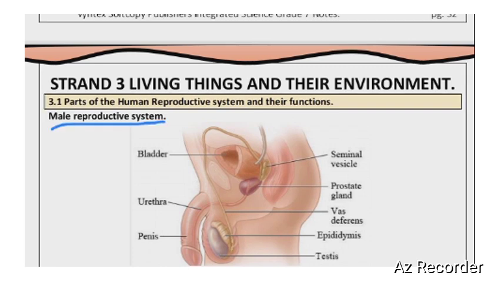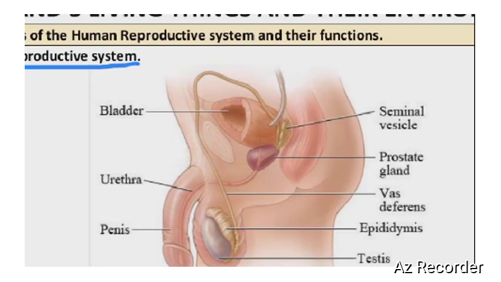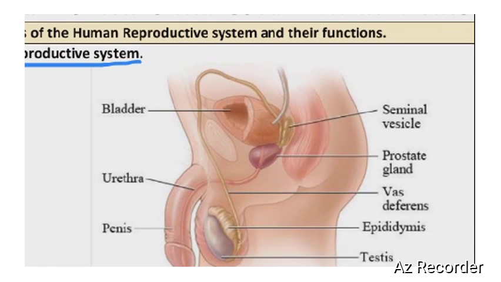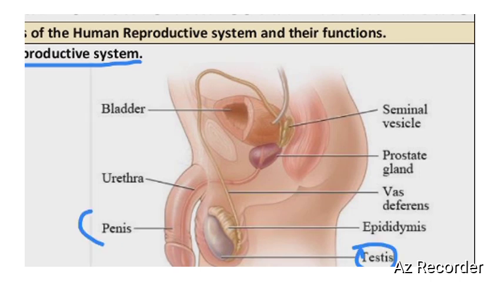In the diagram, I can just zoom a little bit. As you can see, that is the diagram of the male reproductive system, and that's how it looks. In the Grade 7 curriculum, our main focus is on three parts: the testis, penis, and the urethra.